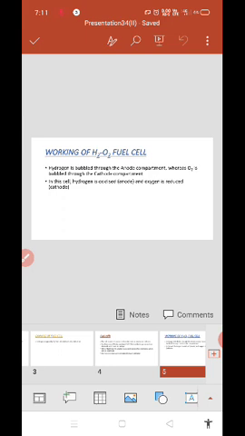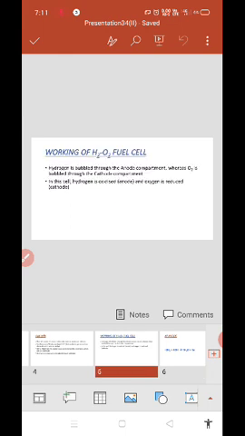The electrodes are the same plates, but whenever a plate is bubbled with hydrogen gas, that compartment or porous plate acts as the anode. When it is bubbled with oxygen gas, it acts as the cathode. And here KOH, a base of 25% concentration, acts as the electrolyte. This is very important, remember that.